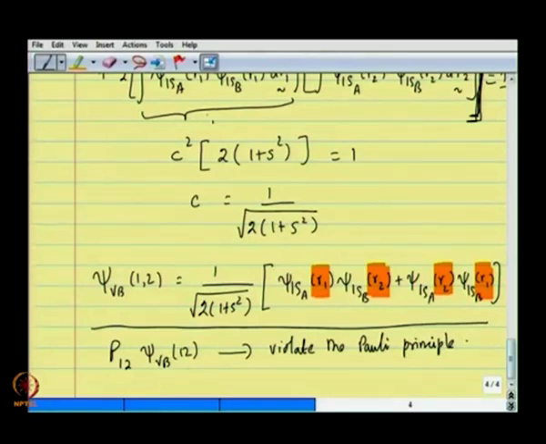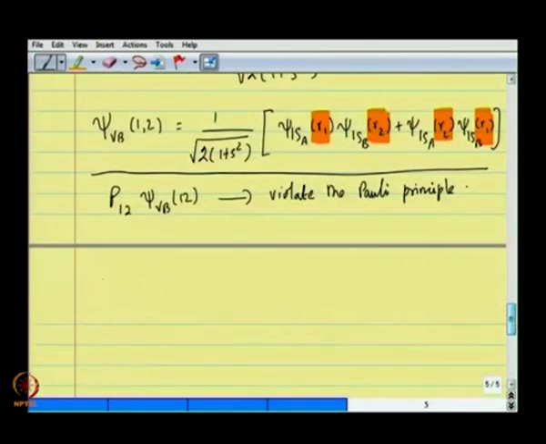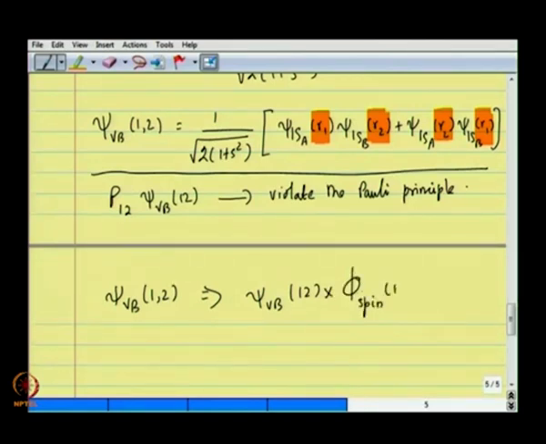Therefore it is important to have the spin, so psi Vb 1 2 is to be replaced by psi Vb 1 2 times a spin function phi spin 1 2, and because this is symmetric as we have chosen, it is important for us to have this as antisymmetric.